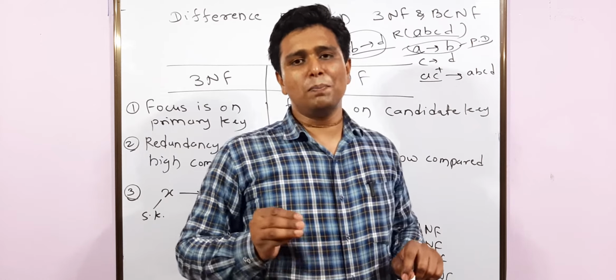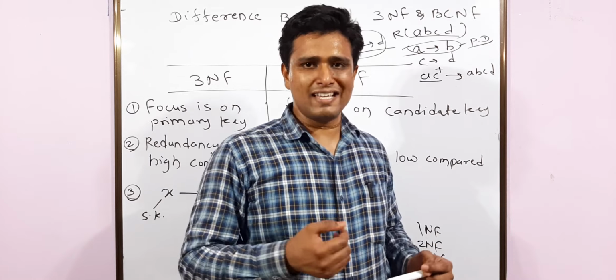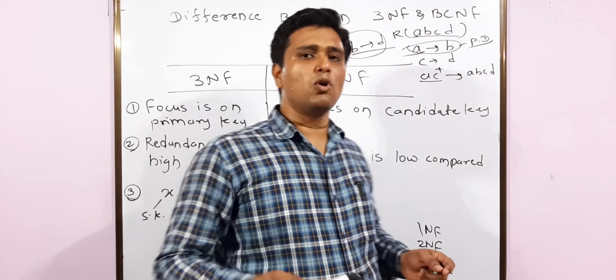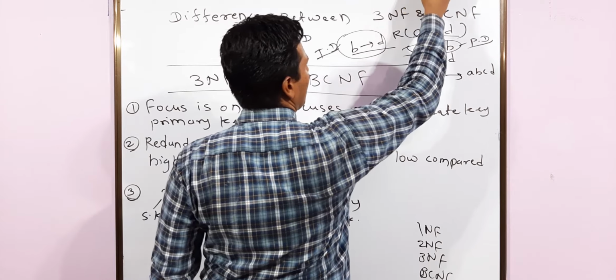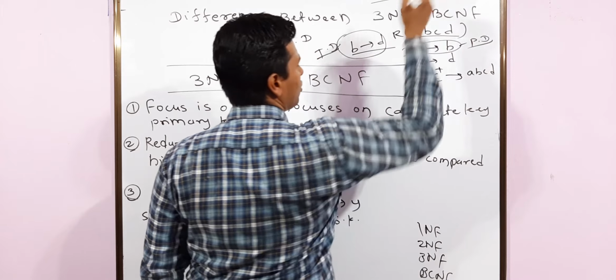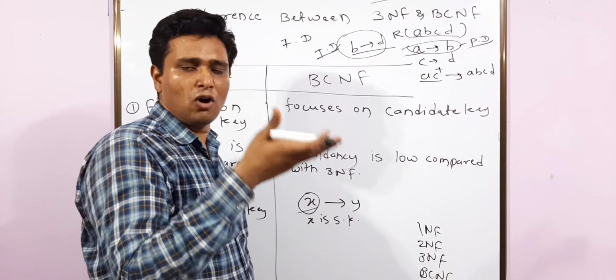The main concern is performance, because user experience and other parameters demand maximum performance. For that, the concept is called denormalization. If we have already normalized the tables into a higher normal form, denormalization is applied. What is denormalization? We reduce the normal form of the table.